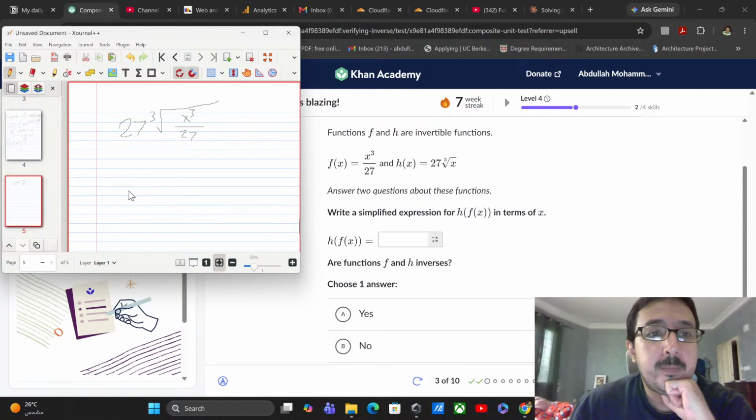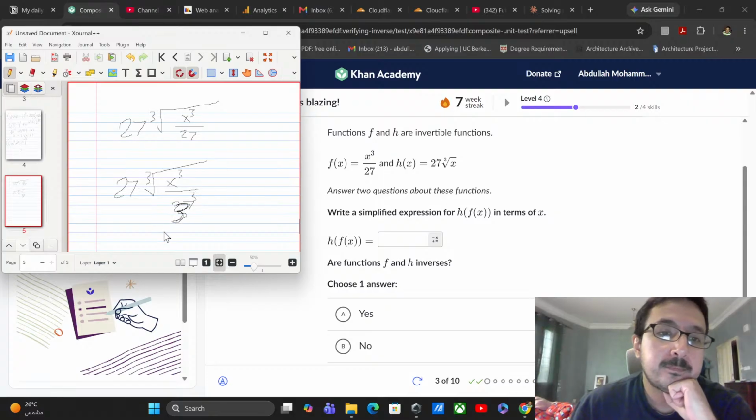Okay, so what I'm having is 27, the cube root of x cubed over 27. Oh, sorry, 3 over 3. Let's do it. Let's check this.